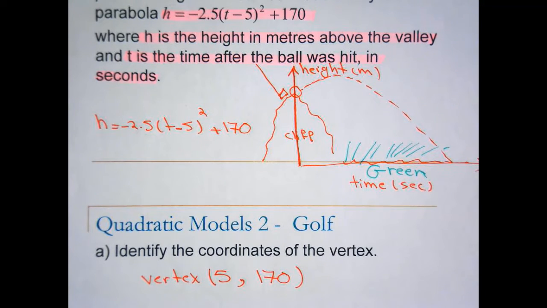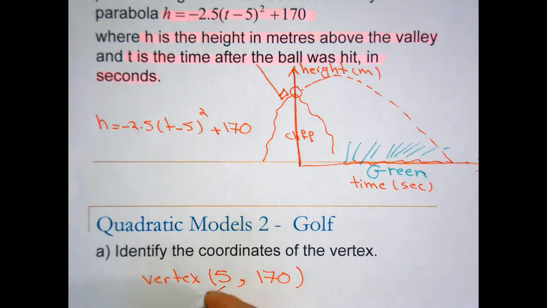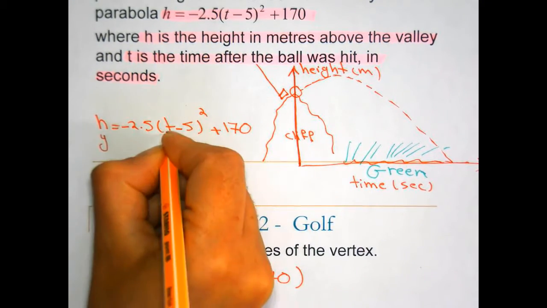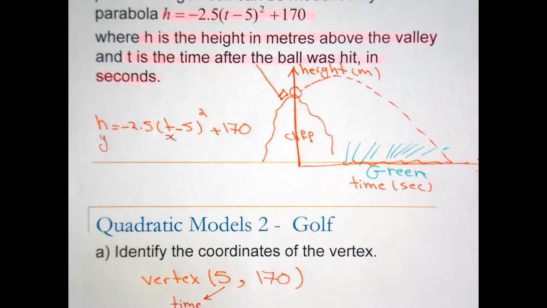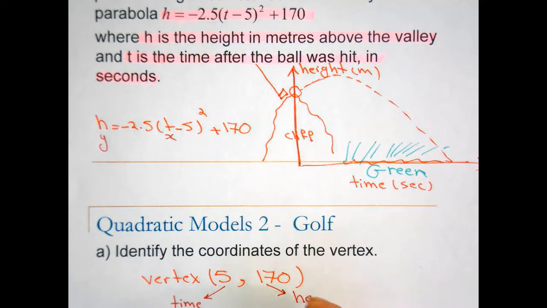Now please remember that the first coordinate always represents your independent variable, which is time, and the second coordinate, think about it as your y versus your x, represents your dependent variable, which is height.